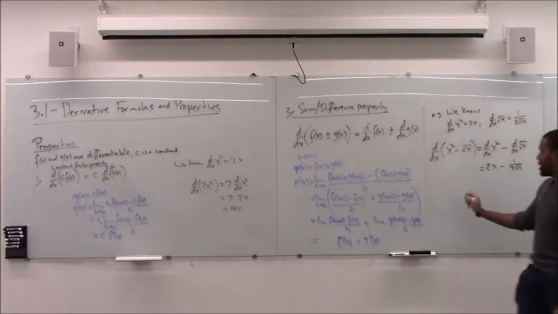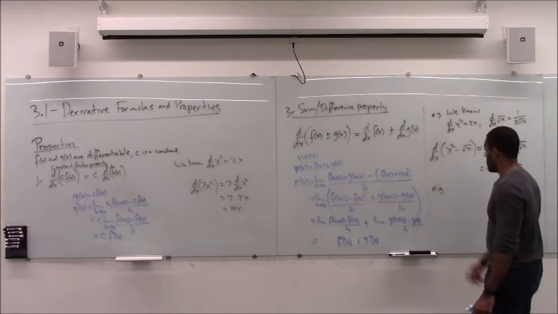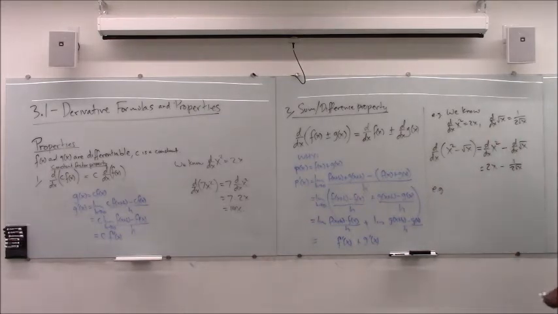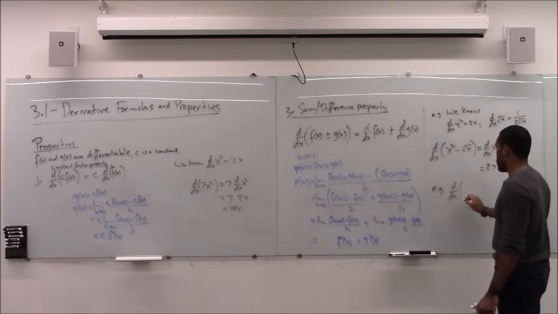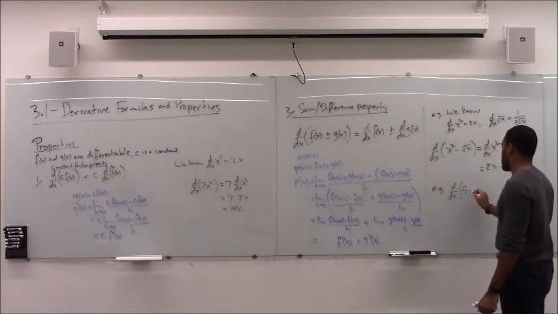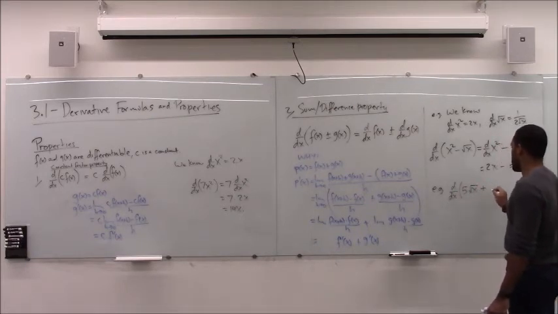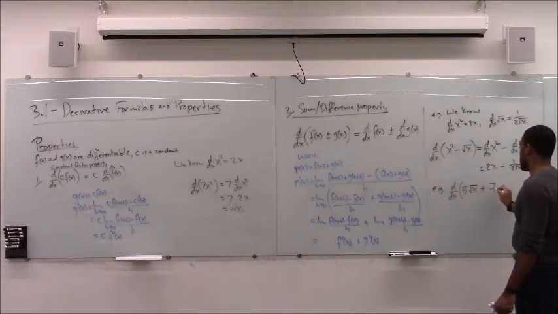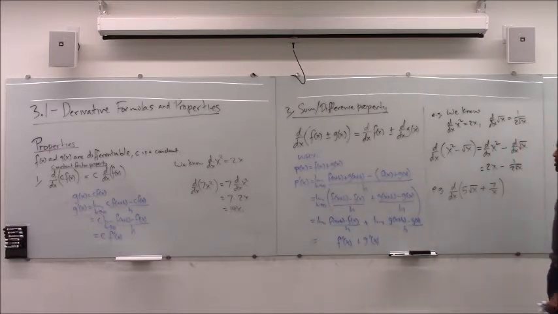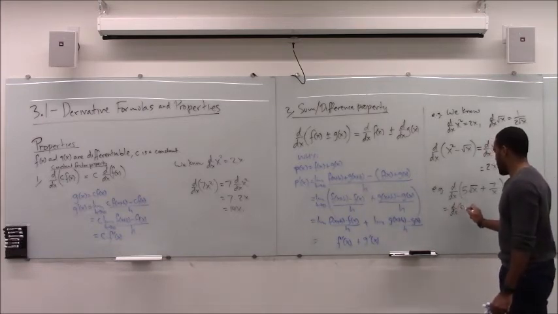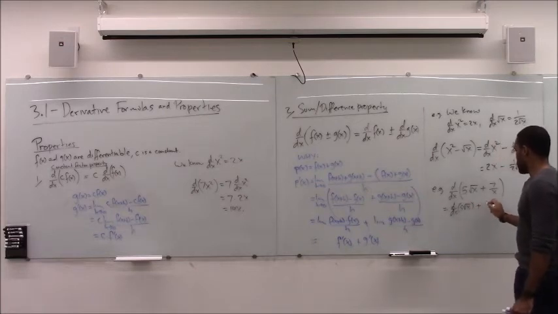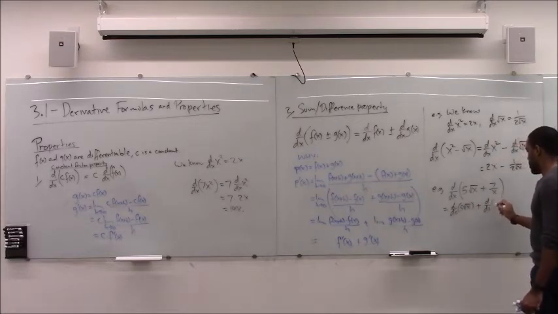You can combine the sum and factor rules, of course. So if we have something like, what is the derivative of 5 square root of x plus 7 over x? Well, that's just going to be the derivative of the 5 square root of x plus the derivative of the 7 over x.